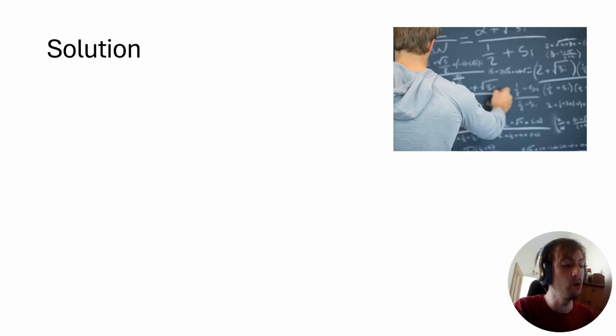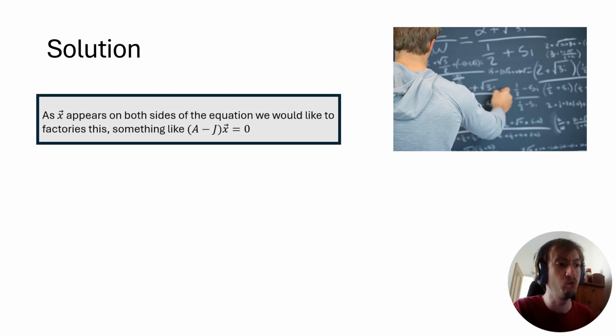So if we're solving the eigenvalue equation, we essentially would like to make it simpler. Now, a way to make most equations simpler is to factorize. That is to bring terms to one side of the equation that have something in common.